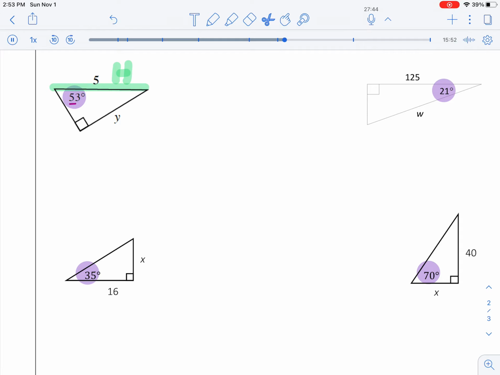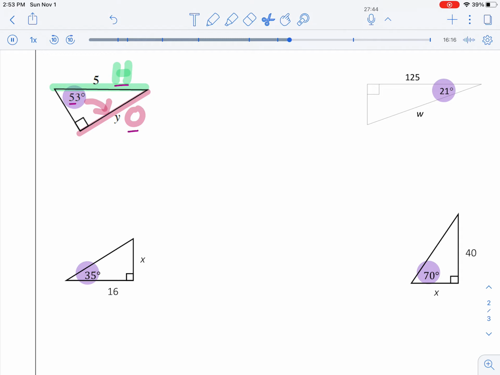And then the side Y. If I pay attention, I'll notice that Y is over on the other side from the 53-degree angle, so it's the opposite side. So I have something to do with my opposite and my hypotenuse.